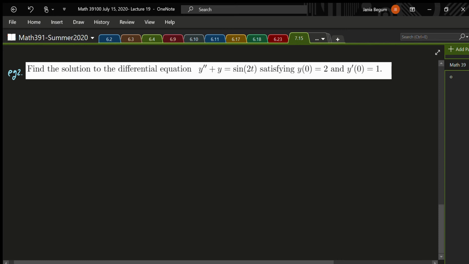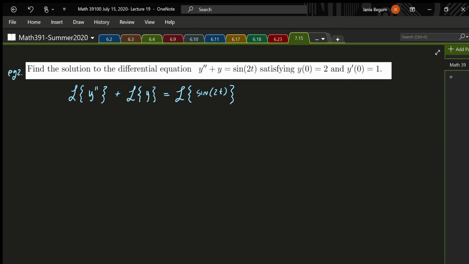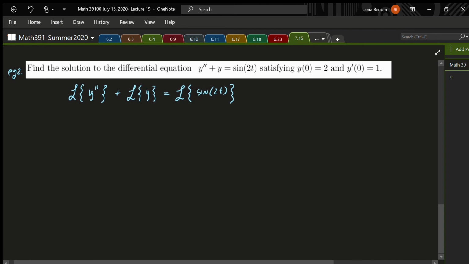So we take the Laplace transform of both sides, so L of y double prime, and because it's linear, I can separate them, plus L of y is equal to the Laplace transform of sine of 2t. Okay, so we take the Laplace transform on both sides of this differential equation. Now, what is the Laplace transform of y double prime? So that's something you have to know from memory. Do you guys remember?